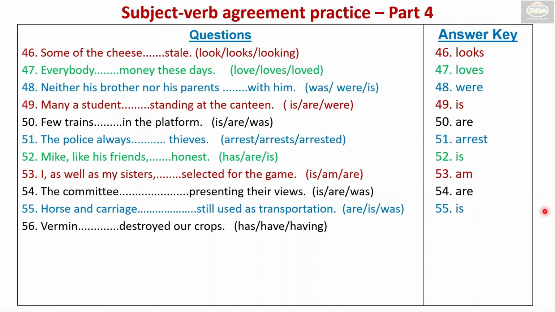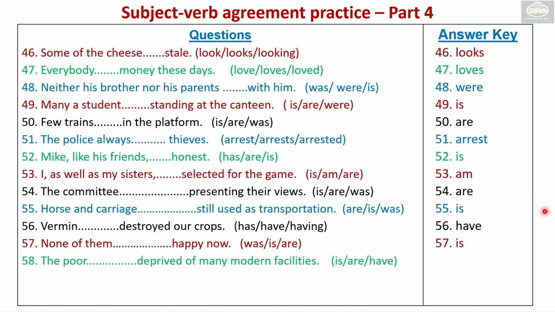Vermin have destroyed our crops. Vermin is a plural subject, we have to use have. None of them is happy now. The poor, the plus adjective, refers to the group of all poor people.